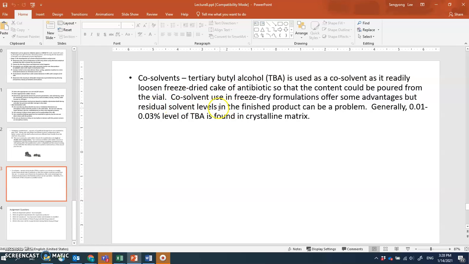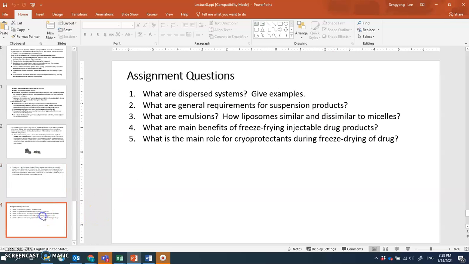So the co-solvent used in freeze-dry formulation offers some advantages, but residual solvent level in the finished product can be a problem because it may not be dried well. But in this case, generally 0.01 to 0.3% level of TBA is found in crystalline matrix. So it could be a problem, but it may not be a problem. That's what it means. Okay.